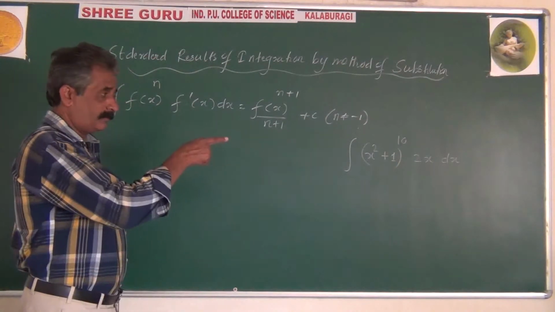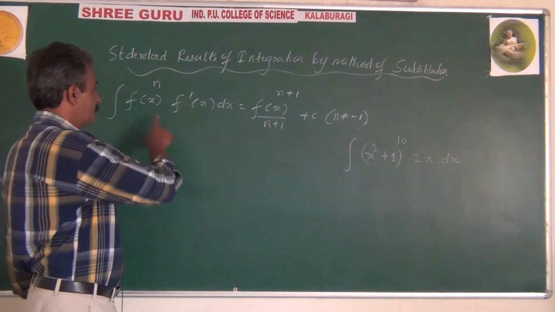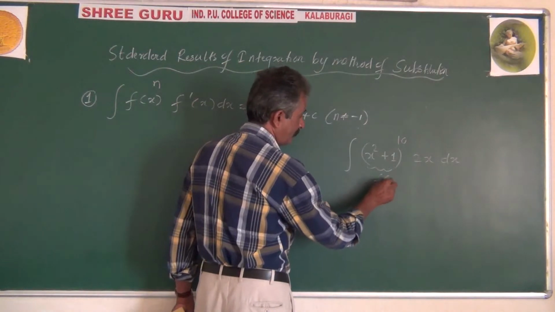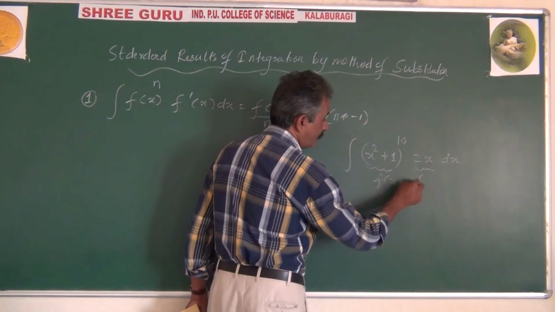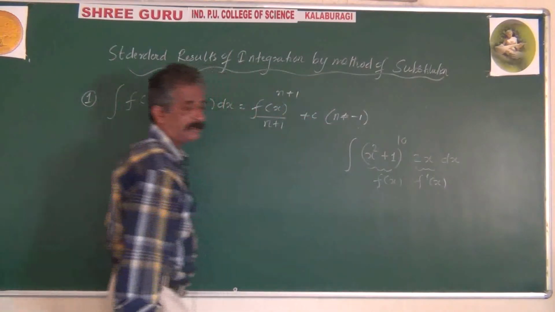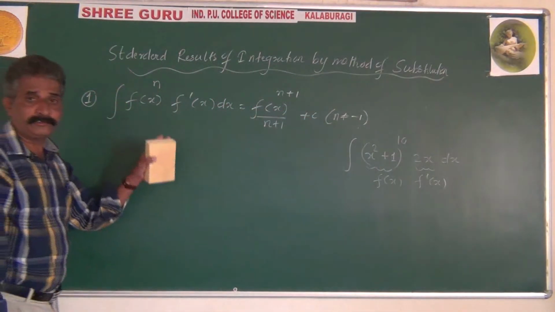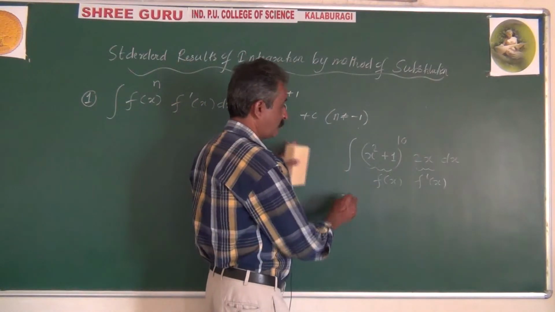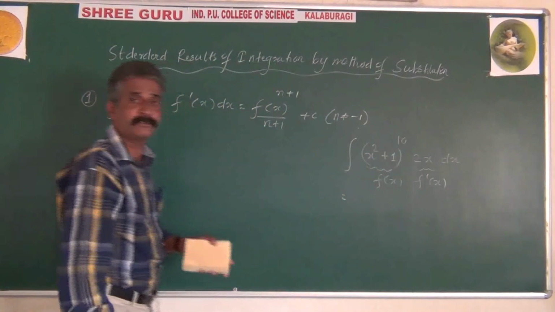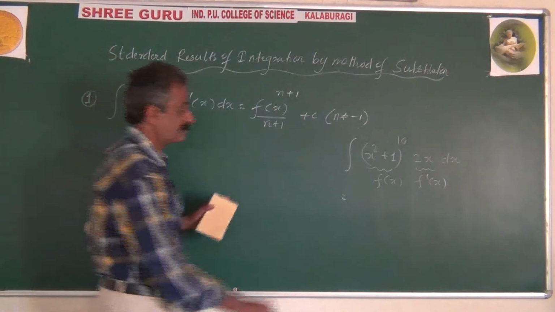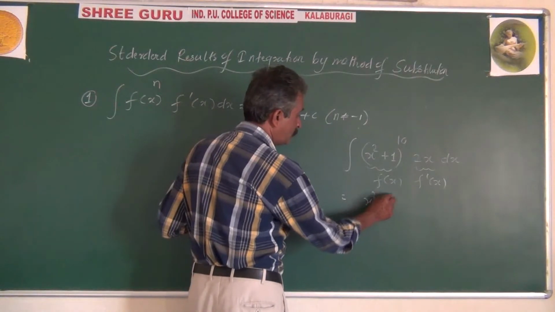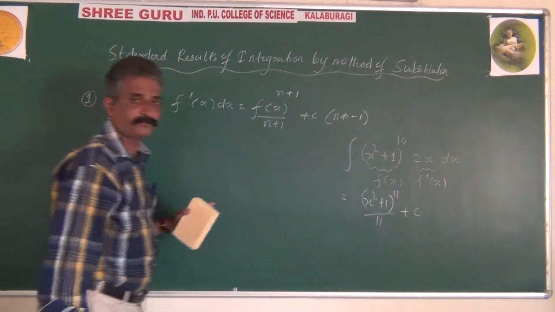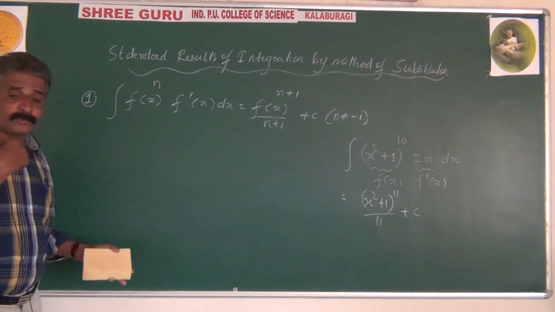Easily you can understand that this formula is suitable, because this is f of x, and obviously f dash of x is 2x, and n is 10. So by using this formula, f of x to the power of n plus 1 divided by n plus 1, the answer is x square plus 1 to the power of 11 divided by 11 plus c. Like this, we still have three more results.